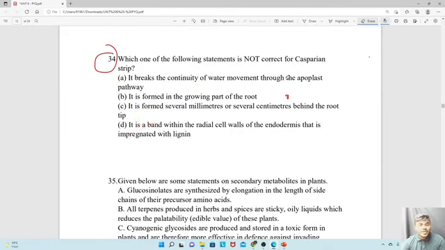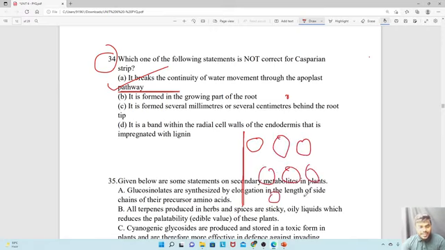It breaks the continuity of water movement through the apoplast. That is the right statement only, no, Sumaya? Okay, listen, for all of you, I will explain once again. This is the epidermis. These are all cortex. I showed you the diagram also, dear. And after the cortex, what is there? Endodermis. Here the Casparian strip is there. You know now, water moves like this, like this, like this, and it will come here. Do you think it will move? No, right? Now the water movement got stopped.